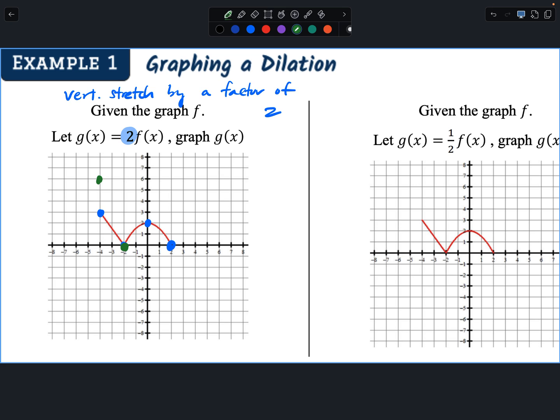What's the y value here? 2. What's double that? 4. And then 0 again. So instead of it doing this, it's going to stretch. It's going to look like this. Something like that.